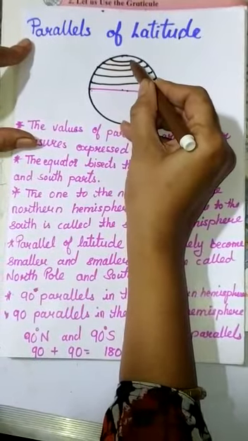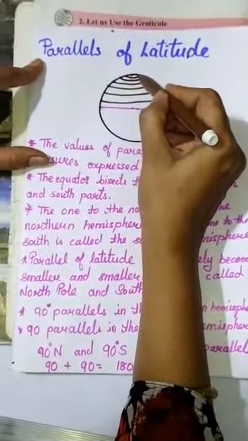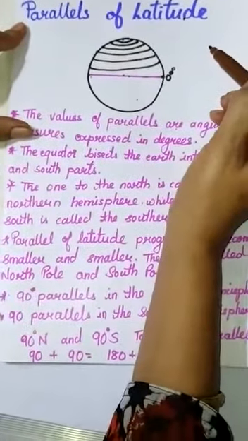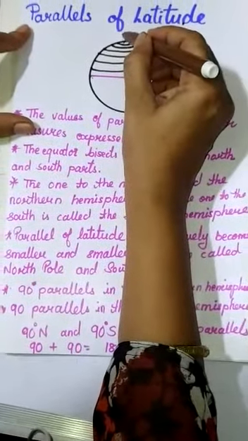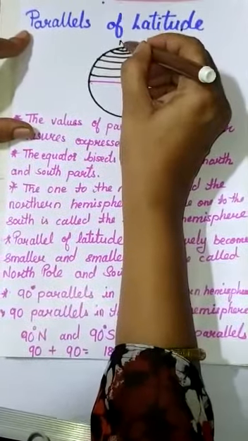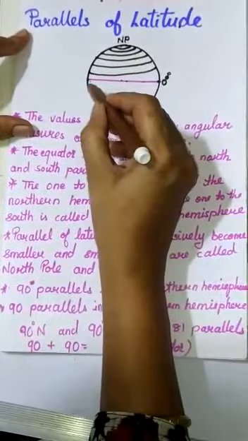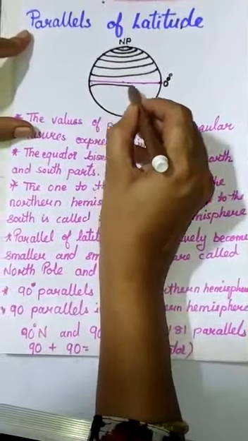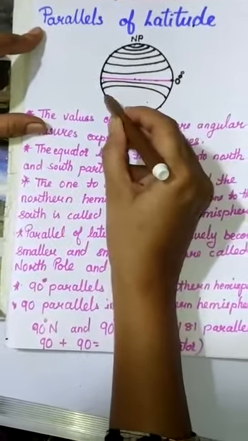As you go away from the equator, the lines become smaller and smaller. You come to such a point, there is the north pole.